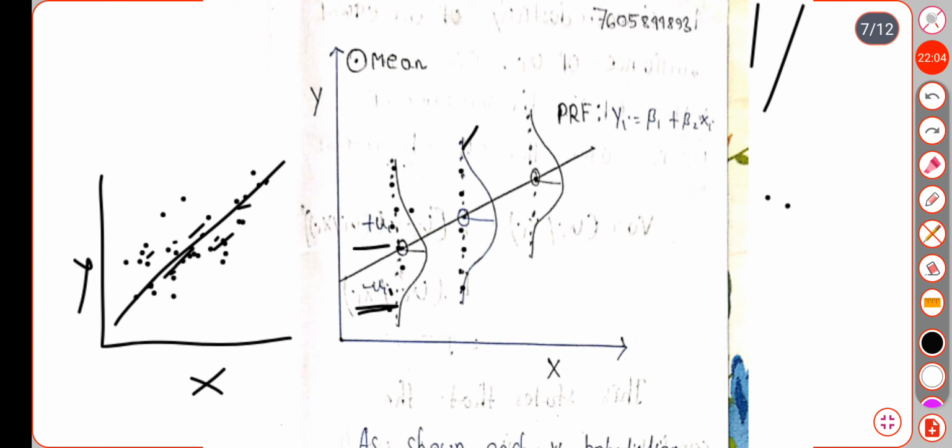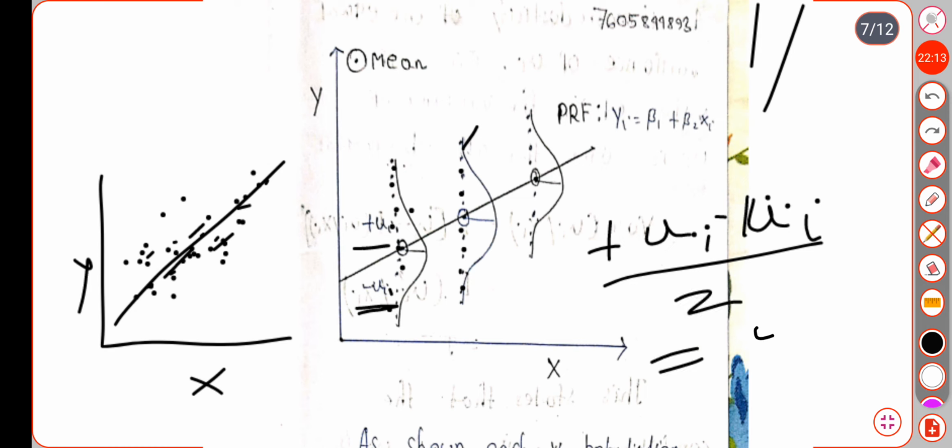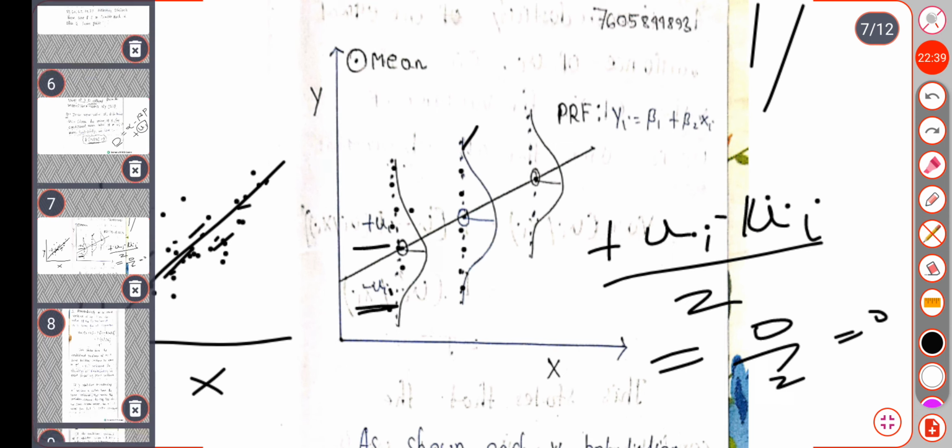That is minus ui. So if you calculate the mean of the error terms, that will be plus ui minus ui, divided by 2, which equals 0 by 2. So it will be equal to 0. That's how you can explain that the error terms are equally spread on both sides of the best fit line. So whenever we explain the mean or conditional expectation of the error term, it will always be 0 because they are equally spread on both sides of the best fit line.